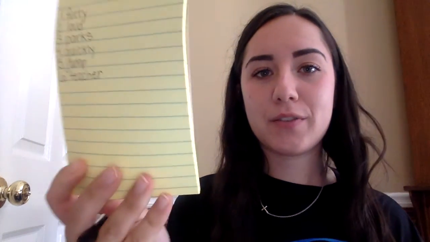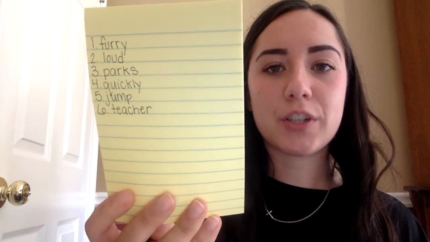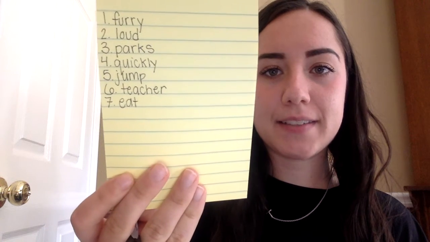That's my person, a teacher. I'm going to put myself into this story. So I chose the noun, teacher. All right, number 7 is another verb, another action. What's something else that you can do, that something can do? I'm going to put eat. That's my action, eat.